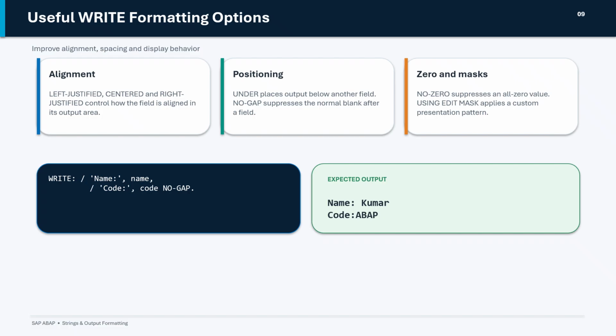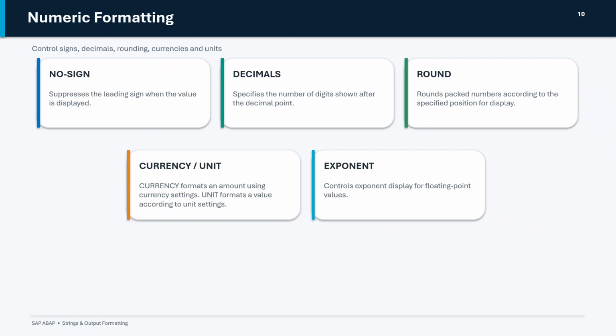The first one we'll discuss is numeric formatting. ABAP provides several options for controlling how numeric values are displayed. First is no sign, which can be used when the leading sign should not be displayed. The decimals option controls the number of decimal places shown in the output, how many decimals you want.